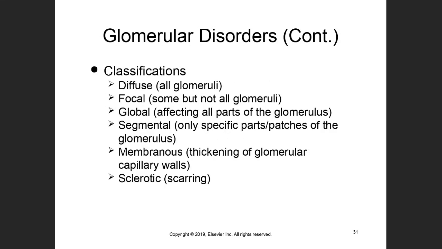Okay, this is another classification. That classification gives, most of the time, the name of the disease. Okay, we have diffuse, we have focal, we have a disease that is focal segmental glomerulosclerosis, global, we have segmental, we have membranous, we have a disease that is membranoproliferative glomerulonephritis.